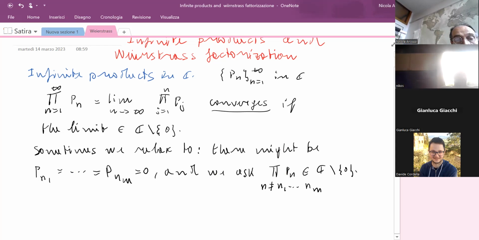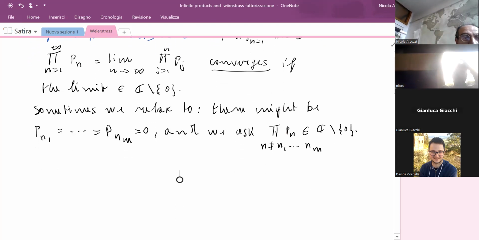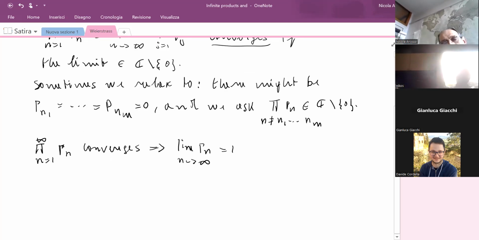Okay, and a necessary condition for convergence is that the product for n from 1 to infinity of p_n converges implies that p_n goes to 1 as n goes to infinity, and the proof is the same as for the series.